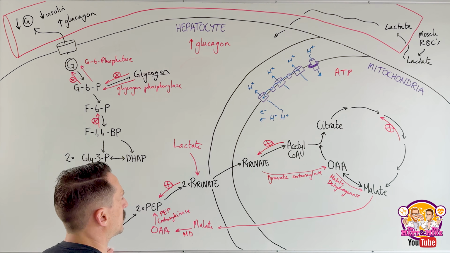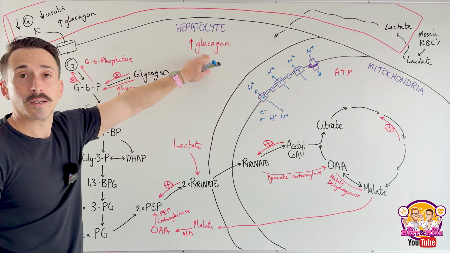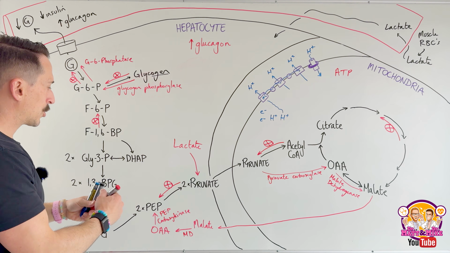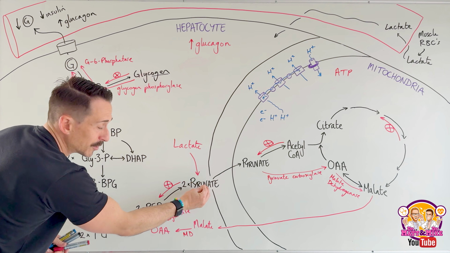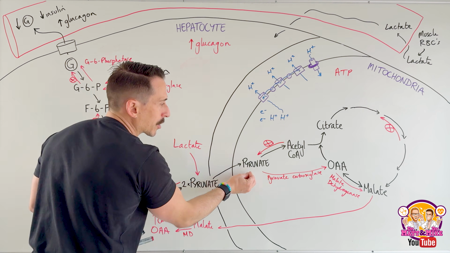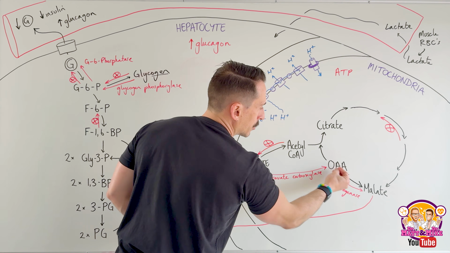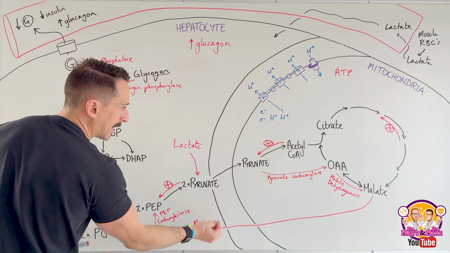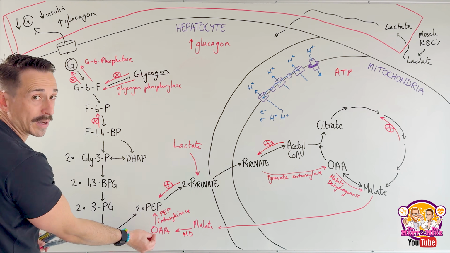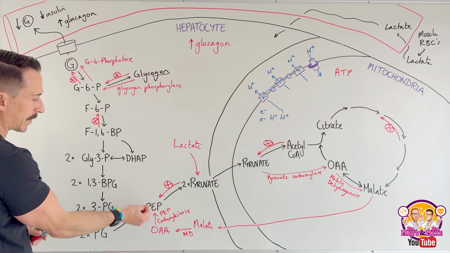And again, what do you think stimulates these enzymes? Glucagon. Brilliant. So we've taken lactate in, turned it to pyruvate, entered the mitochondria, it's turned to oxaloacetate, turned to malate, that's legged it, left the mitochondria, turned into oxaloacetate again, which turned into phosphoenol pyruvate.